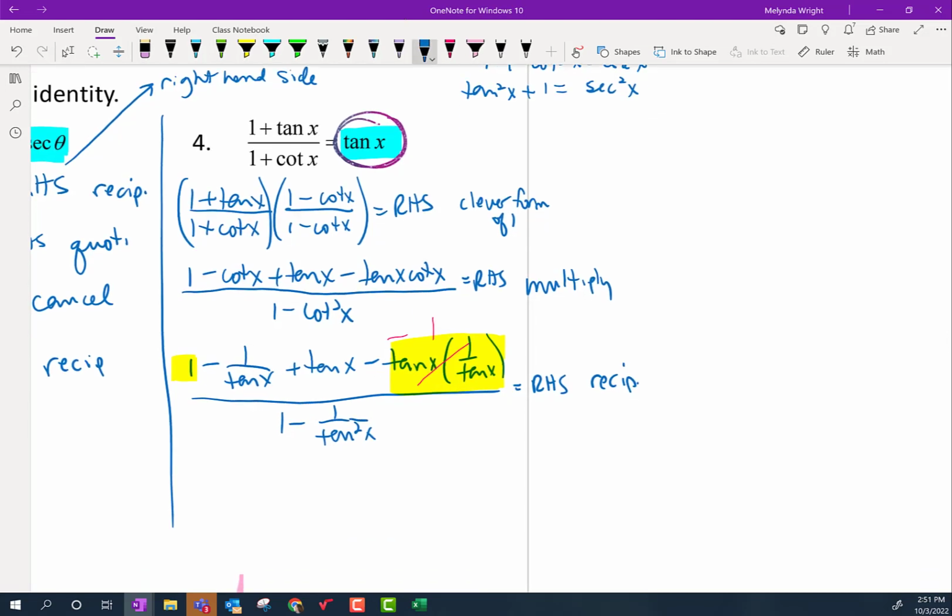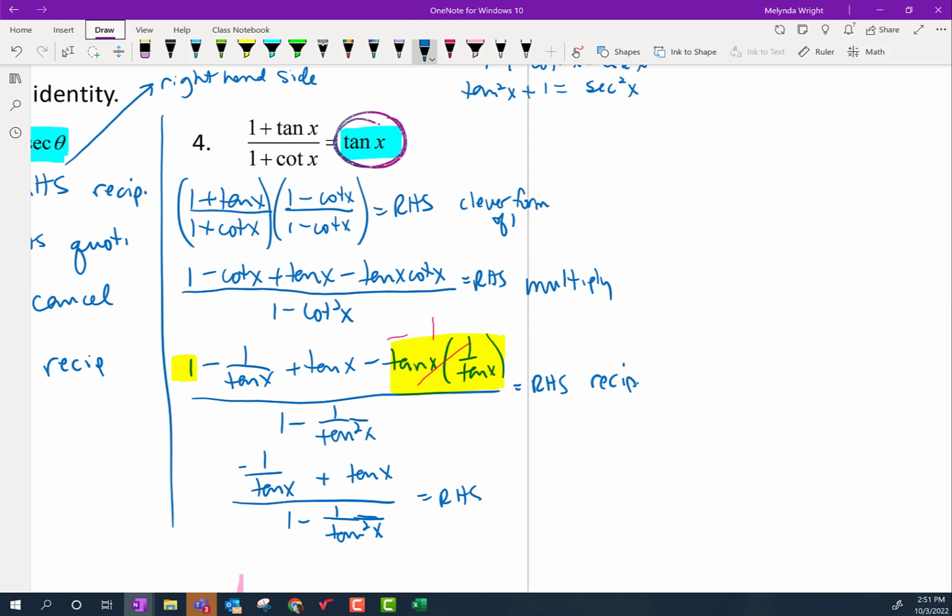After that step, I have negative 1 over tangent plus tangent over 1 minus 1 over tangent squared equals right-hand side.